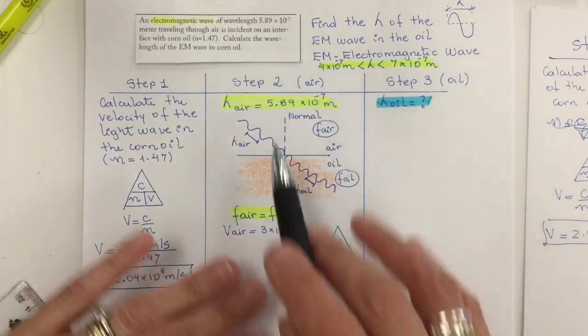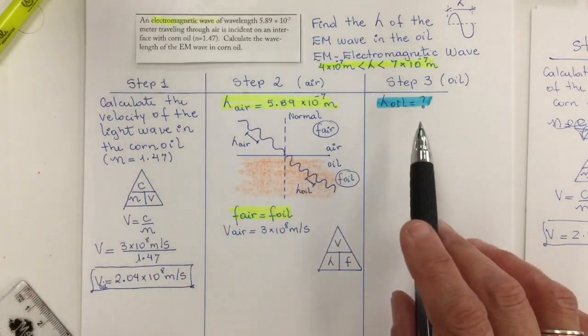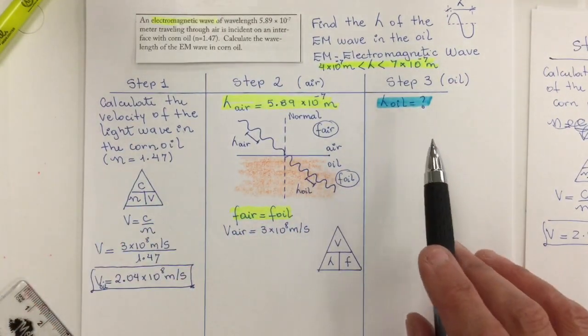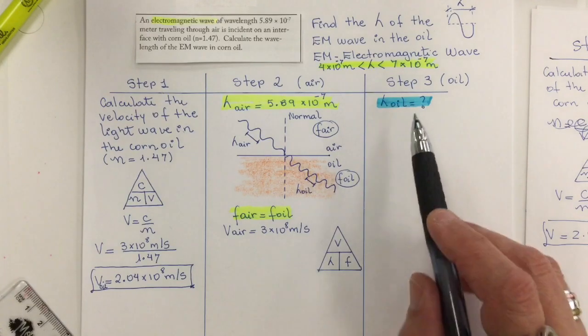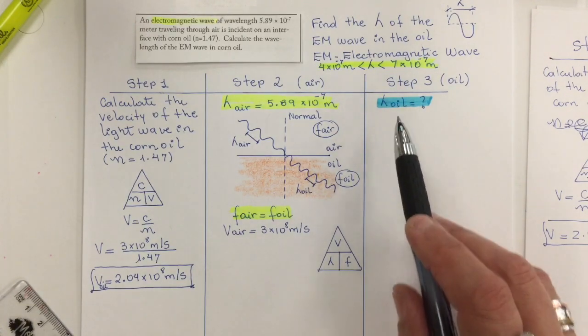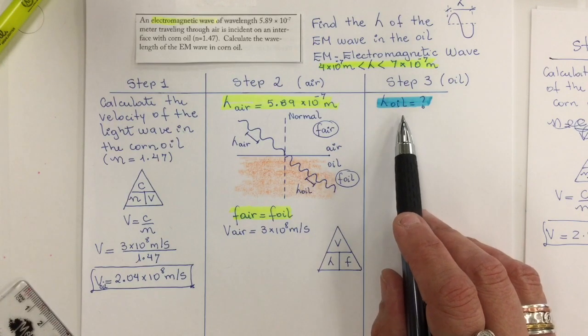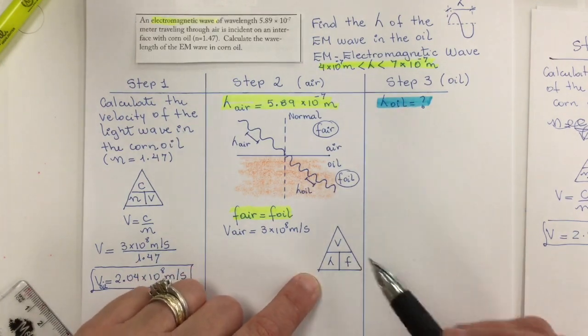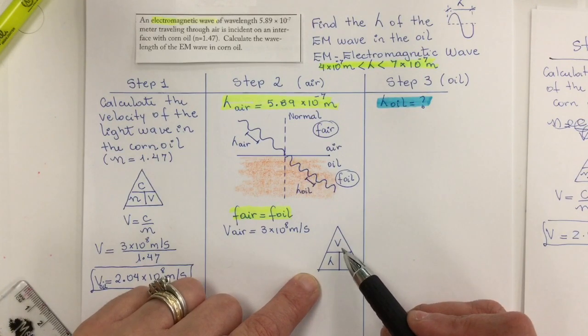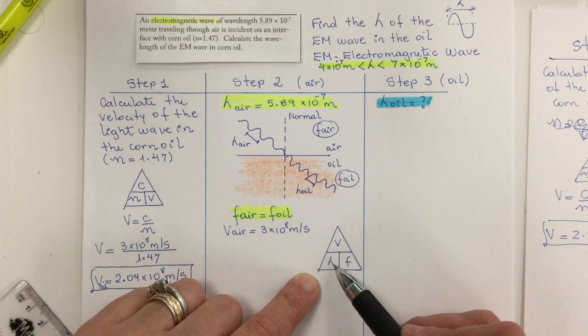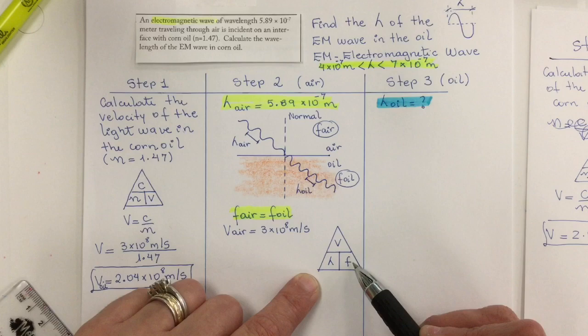So let's pause step 2 and go to step 3, which is the objective of this problem: to calculate the wavelength of this light wave in the oil. We have the formula for the speed of a wave in terms of the wavelength and the frequency.